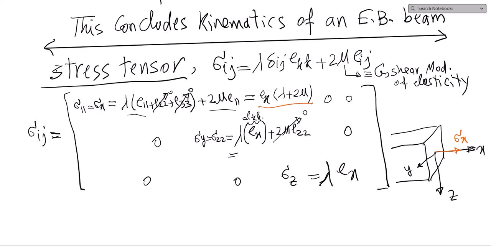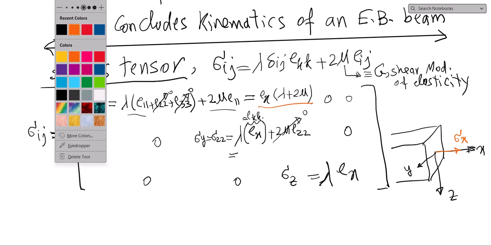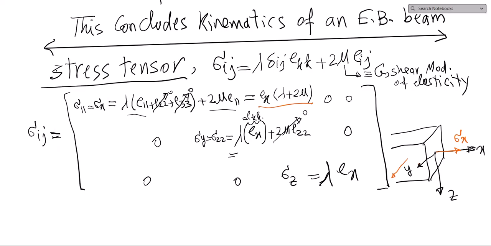The third one is 0, which are the shear. And what is this? This is the normal to the y direction. So there is a stress in this direction, which is normal.